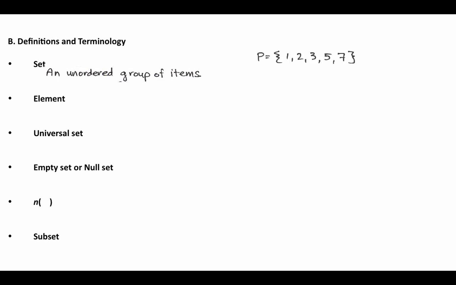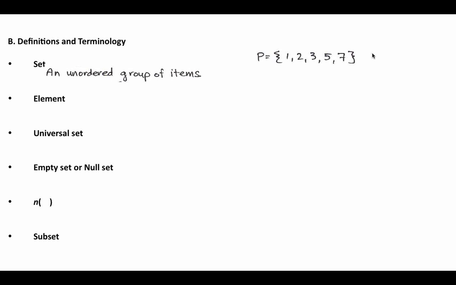We say that the set of all prime numbers between 1 and 10 would be 1, 2, 3, 5, and 7. Sets are always given a capital letter, and the elements of each set are included in curly brackets. Notice that we've put them in a particular order, but those curly brackets are saying that it doesn't matter what order.